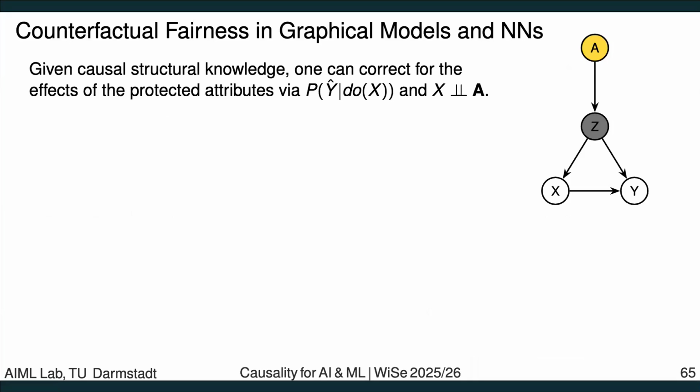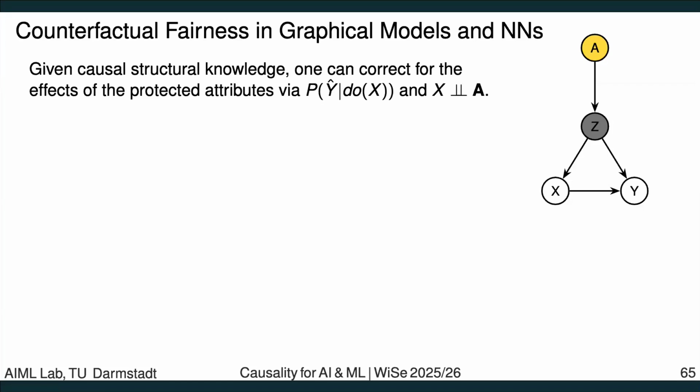Yeah. And so we can apply this to neural networks, but we can also really do it just in a causal model. So let's say we again have this somehow biasing or confounded graph.